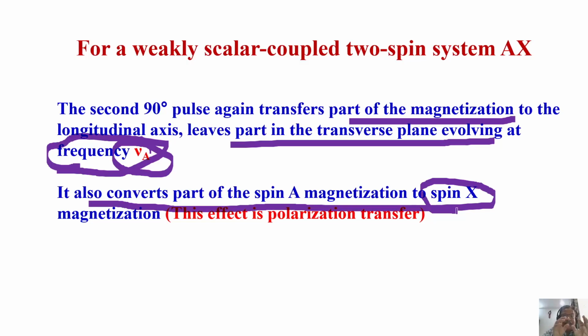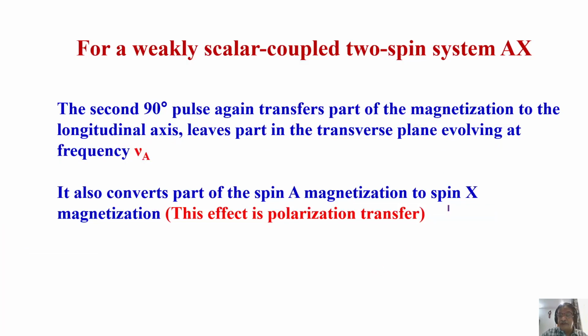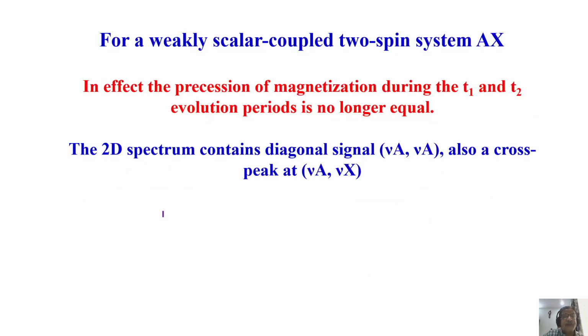What happens is that spin A, in addition to precessing at its own frequency during the period of evolution, gives part of its magnetization to spin X. That is a very interesting thing. This effect is called polarization transfer.